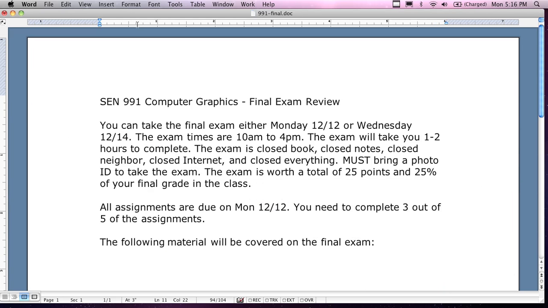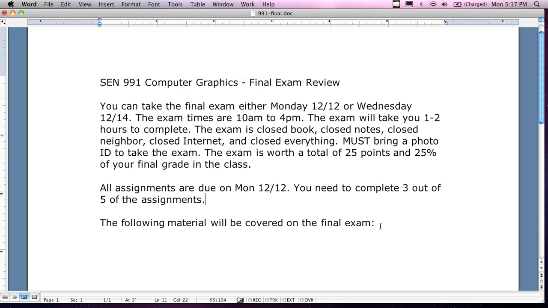What I'd like to do now is go over the final exam question by question and tell you what is on it. The final exam is worth 25 points. I have it in front of me right now, and it's approximately 4 pages long. It is 25 multiple choice questions.